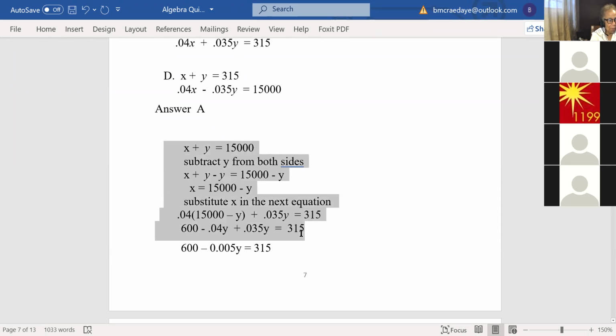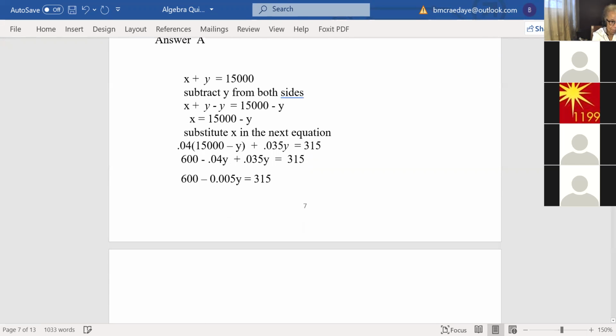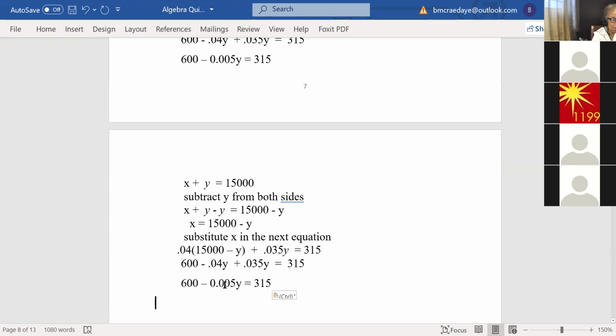Right now I've got 600 minus 0.005y equals 315. What's my next step? There are a couple of ways you could do it, but what would you do next?